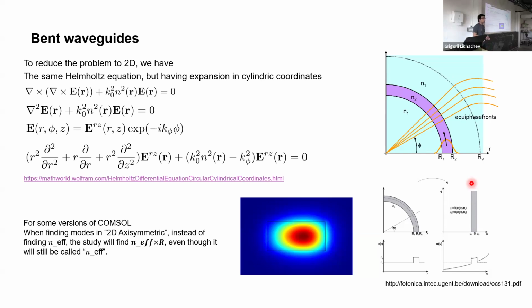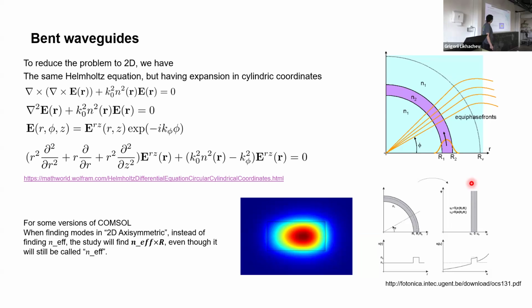Basically, what's different here is that before we were doing the separation of variables in a rectangular coordinate system, but here we do it differently. We are instead doing this mathematics in cylindrical coordinates. You still have the same wave equation, but you write the Nabla operator in cylindrical coordinates.